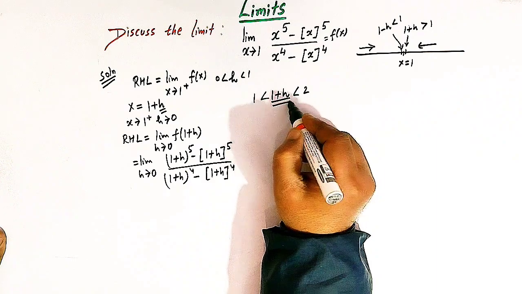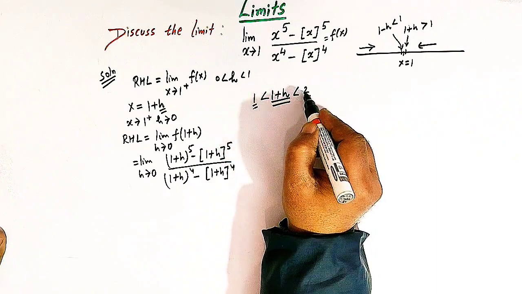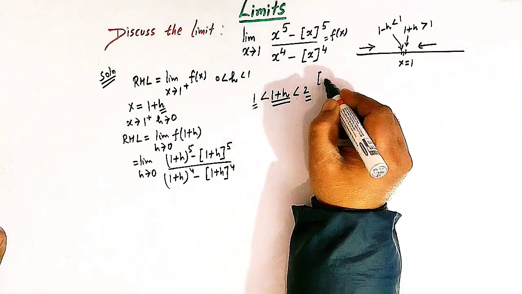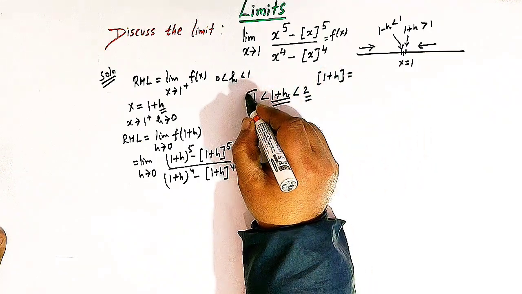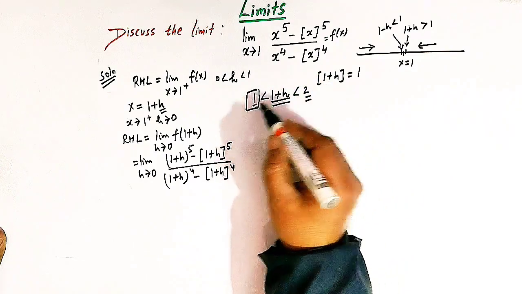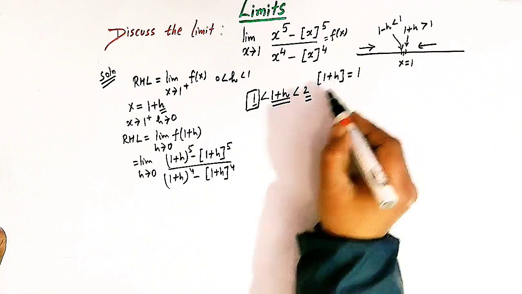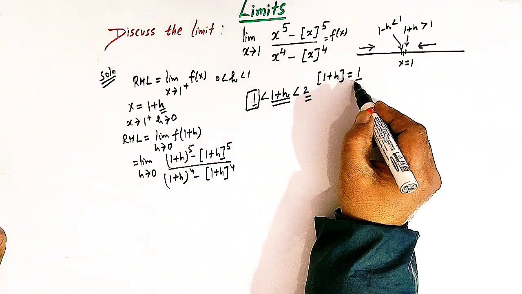So it means 1 plus h lies between these two integers 1 and 2. And from the definition of greatest integer function, we can say that greatest integer of 1 plus h should be equal to 1, right? Because 1 is the greatest integer less than 1 plus h, right? So now greatest integer of 1 plus h may be replaced by 1.